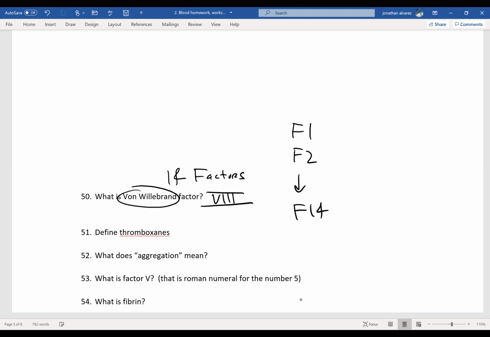Okay, thromboxanes. So remember, a thrombo is the clotting process. This helps activate platelet aggregation.